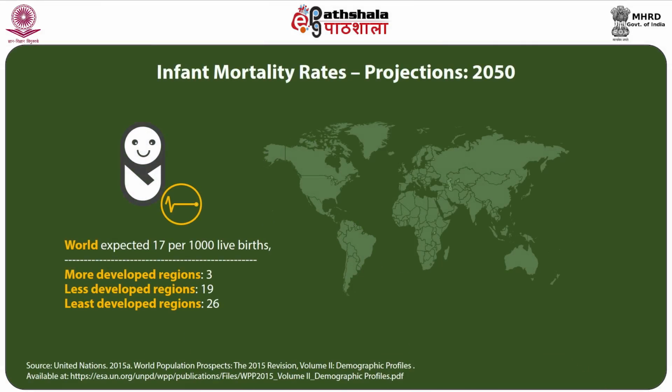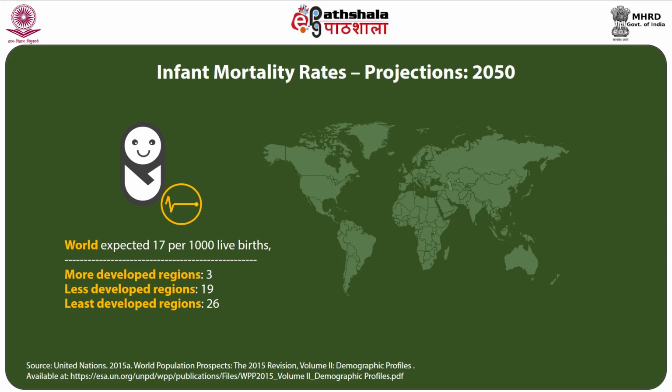Let's see the projections of infant mortality rate. The world as a whole is going to experience only 17 infant mortality rate, whereas region-wise data shows that IMR is going to be as low as 3 in more developed regions.